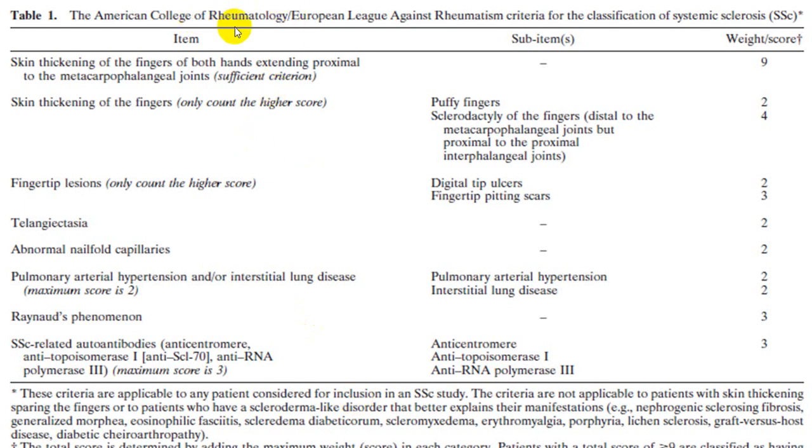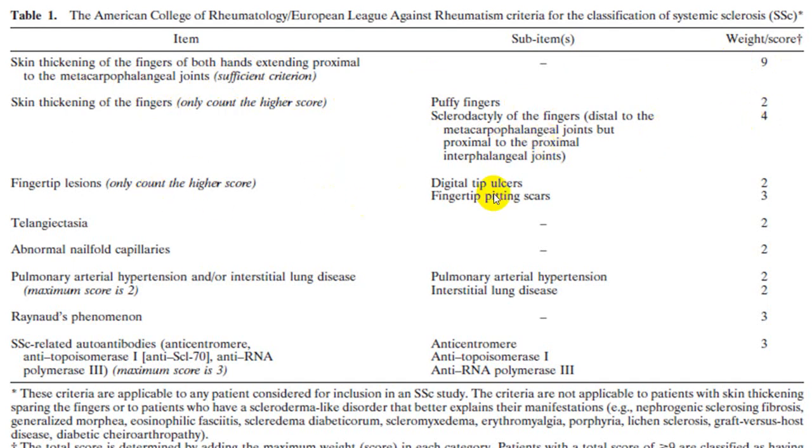Also, the American College of Rheumatology and the European League have put certain things for classification of systemic sclerosis. That is involvement of the skin: thickening of the fingers of both hands extending proximal to the metacarpophalangeal joint, which gives you a score of 9. Skin thickening of the fingers only, on the count of fingers: puffy fingers, and sclerodactyly, given 2 and 4 score.